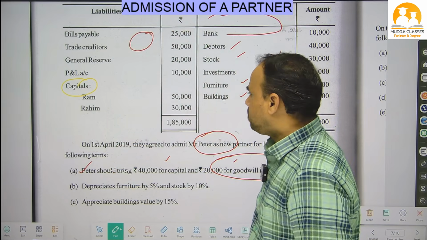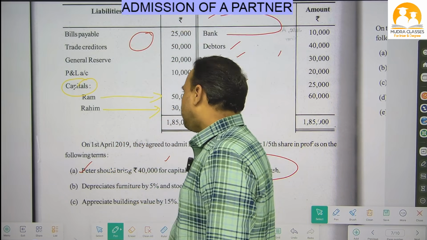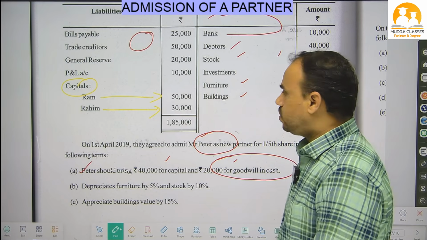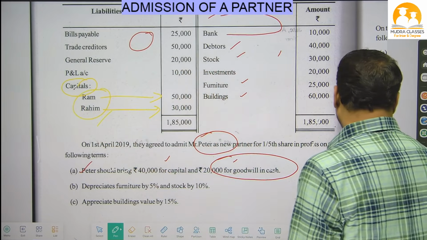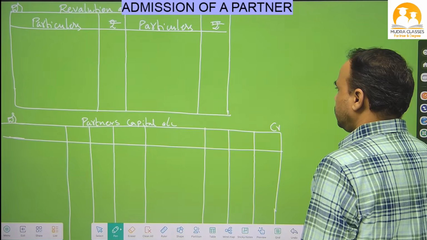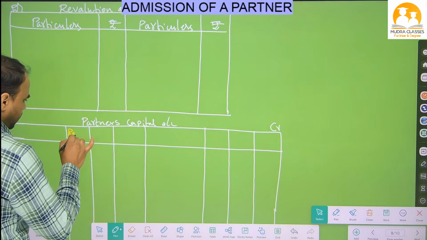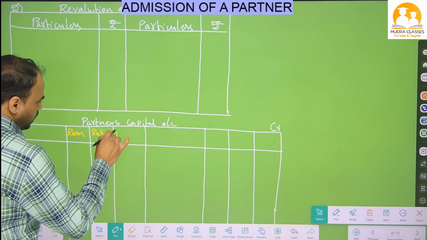Okay, so capital of Ram given here is 50,000, partner Rahim's capital is also given. So in the partners capital account credit side we have to write. Before that, who are the partners here? Old partners Ram and Rahim. Okay, so on the next page, in the partners capital account we have to write here Ram and Rahim names, Ram, Rahim, and who is the new partner?